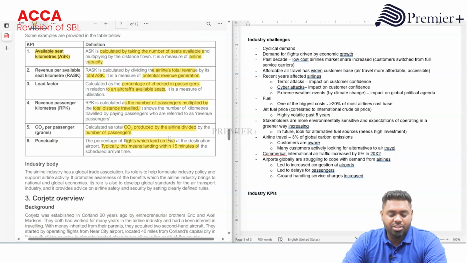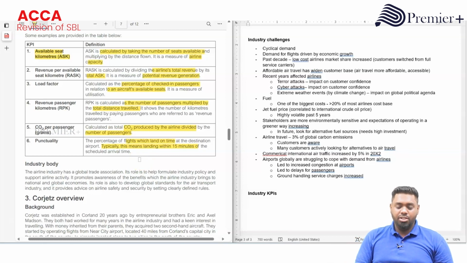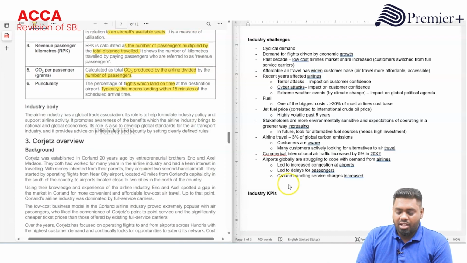And CO2 per passenger is calculated as total carbon dioxide emission produced by the airline divided by the number of passengers. So CO2 produced per passenger. Punctuality, the percentage of flights which land on time. Typically this means landing within 15 minutes of the scheduled arrival time. So these are KPIs.